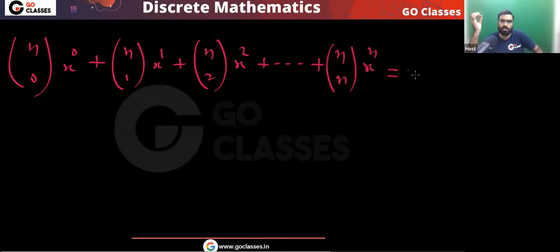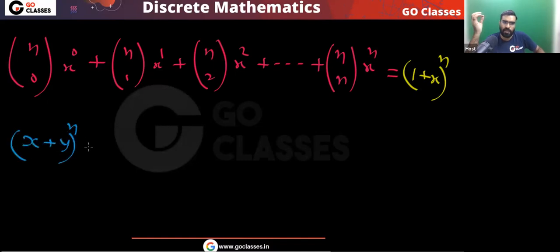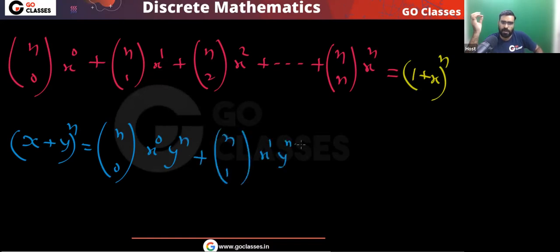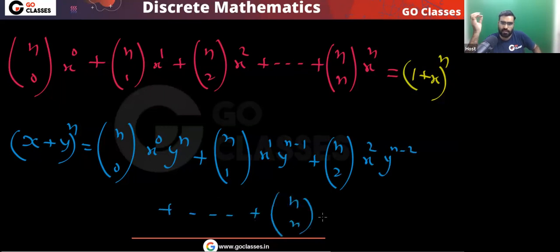This is your binomial theorem, that is 1 plus x power n. We also know the binomial theorem that x plus y power n is equal to nC0 x power 0 y power n, plus nC1 x power 1 y power n minus 1, plus nC2 x power 2 y power n minus 2, and so on, up to nCn x power n y power 0.